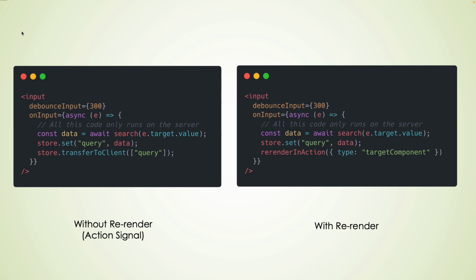And on the web components, these stores are signals. So if there are some web components that are consuming the signals, and then you change this store value on the server, and then you transfer it to the client, you can react the web components without the need of any render.